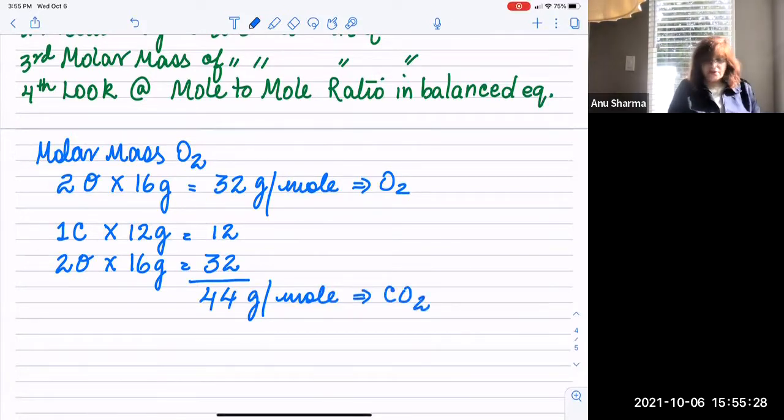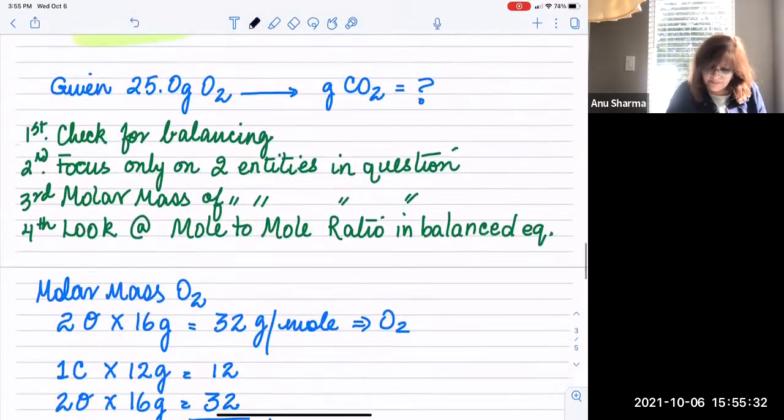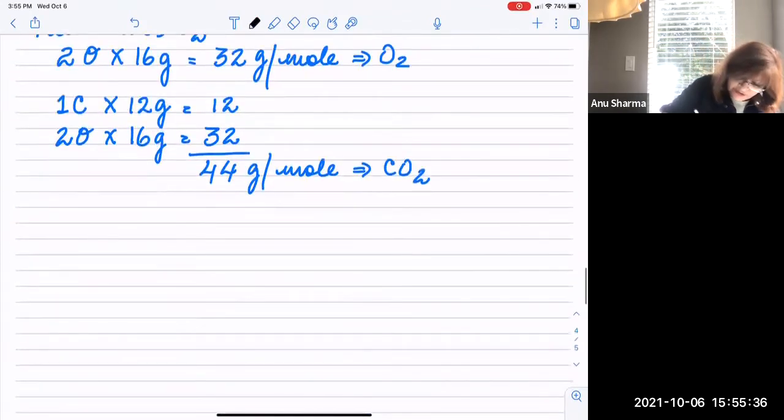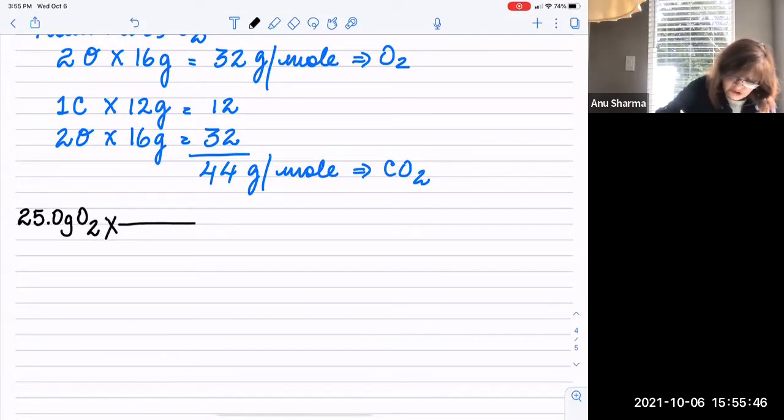All right, now we are going to write this down here. The given is 25.0 grams of oxygen. The first step is to convert grams to moles. So 1 mole of oxygen is 32 grams.